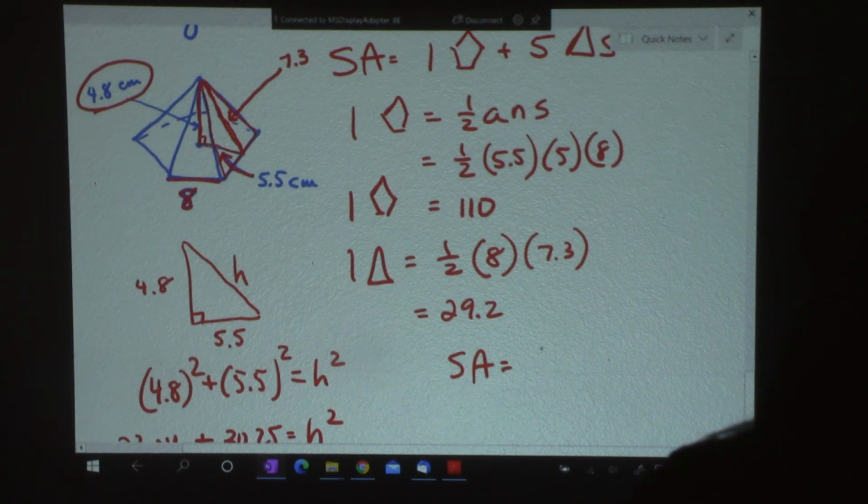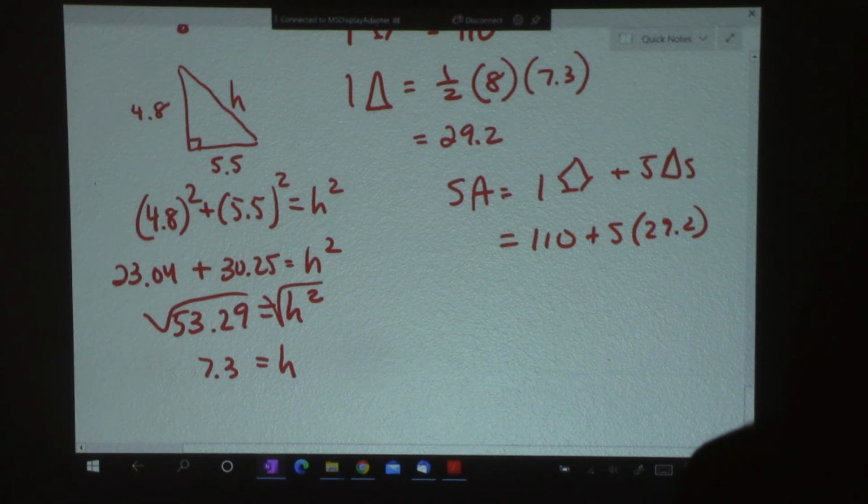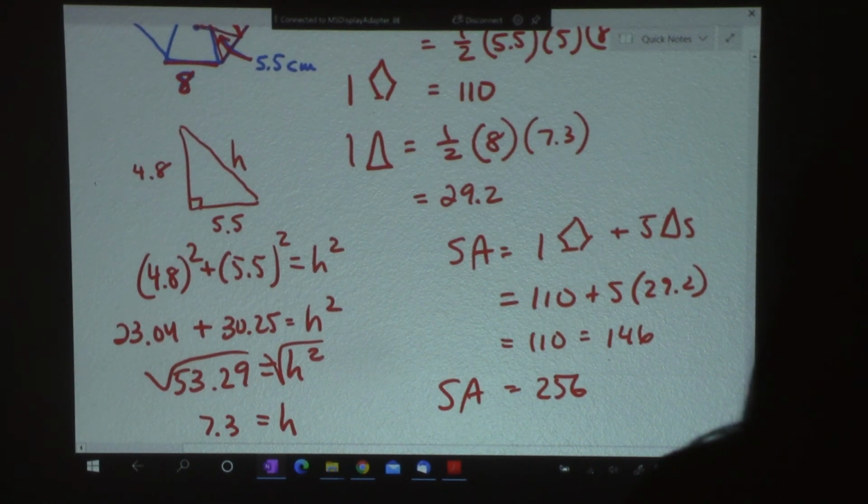My one pentagon was 110, and my 5 triangles, so I'm going to have 5 times 29.2, and when I multiply that, I get 146. So when I add them all together, I get 256, and that is it, centimeters squared.